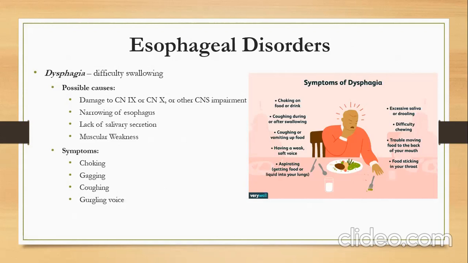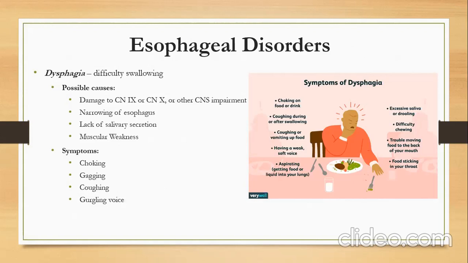While dysphagia is not in your books, I'm just trying to tie everything together. It will come up again when we talk about nervous system. But dysphagia is a medical term meaning difficulty swallowing.